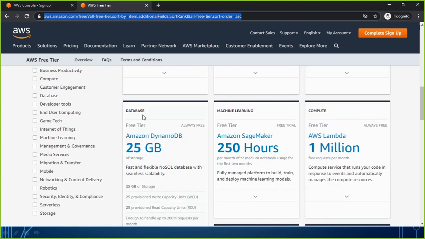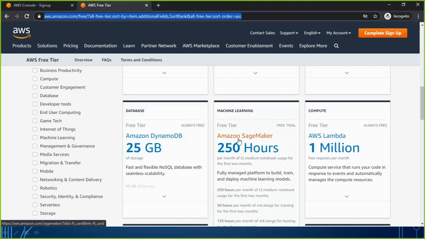Similarly, if you want a database, you can get it for up to 25 GB. It is always free. Always free means there is no time period like 1 year. You can use it for lifetime, but the limitation is 25 GB. You can use Amazon SageMaker for 250 hours. It is also a free trial. Which category is it? Free trial.